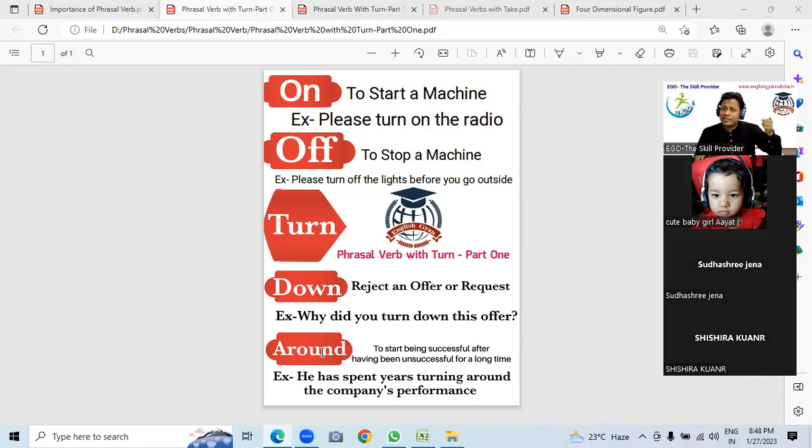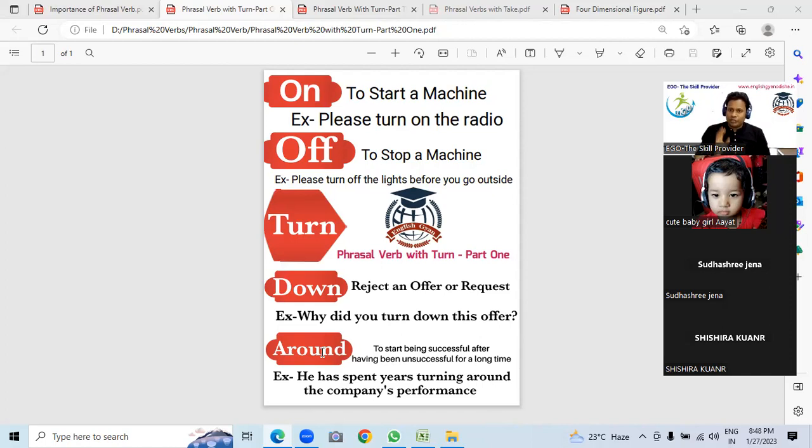Right now the company is giving profit. Then you can say, I was able to turn around the performance. So turn around means suppose you are leading a company where you are trying to make it a successful one. That is called turn around. He has spent years turning around the company's performance. Suppose you are running a loss making unit.